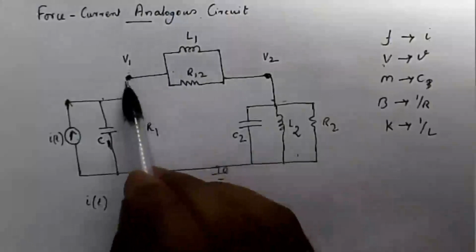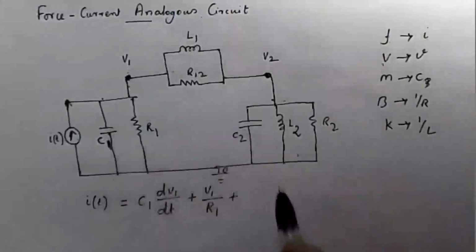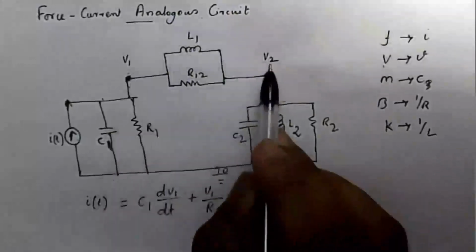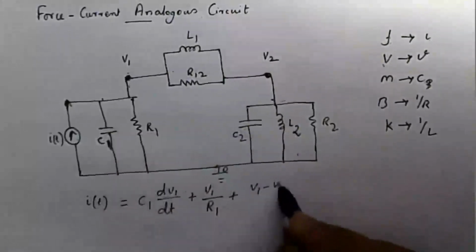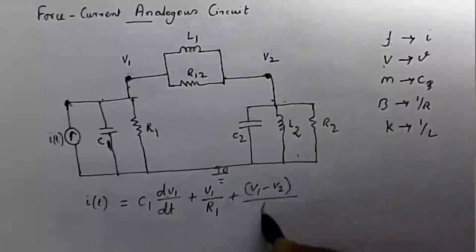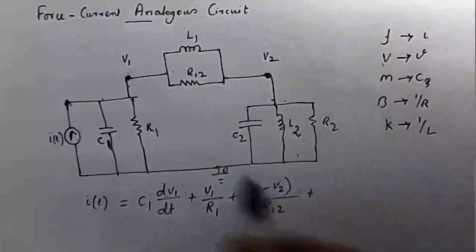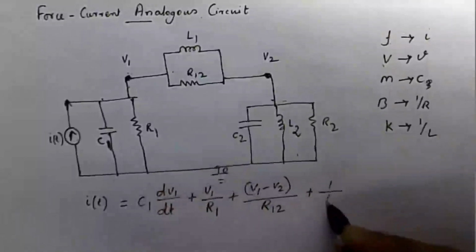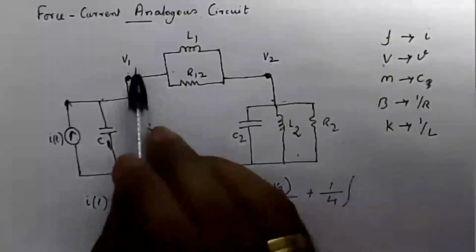these two elements are also connected to this node. The voltage across this element is V1 minus V2. V1 minus V2 divided by R12, plus the current flowing through the inductance, 1 by L1 integral.